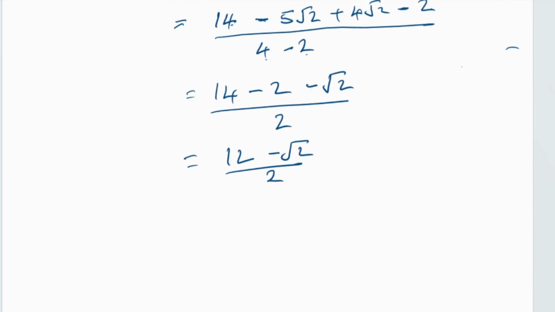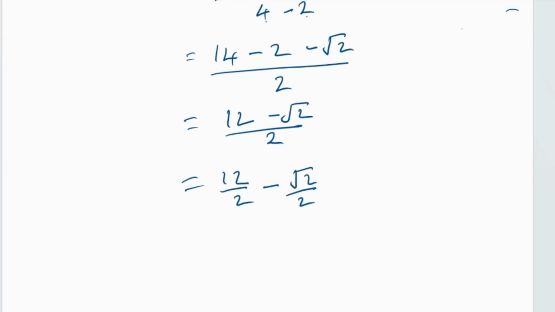Now, from there, I can divide each number by the denominator: 12 divided by 2 minus square root 2 divided by 2. And therefore, 12 divided by 2 is 6 minus a half square root 2.